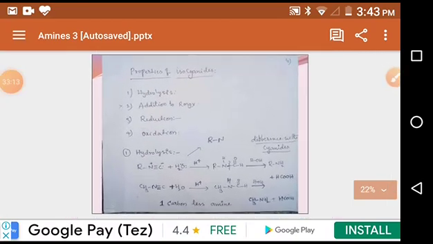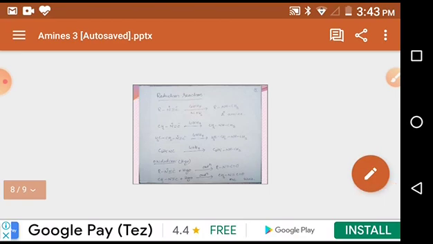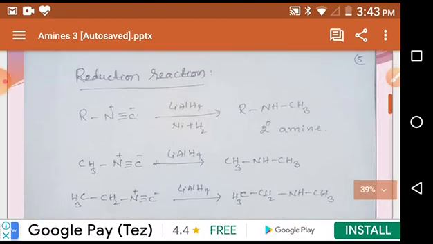Then, the reduction reaction. Reducing agents such as lithium aluminum hydride, or nickel, platinum or palladium with hydrogen, all act as reducing agents.